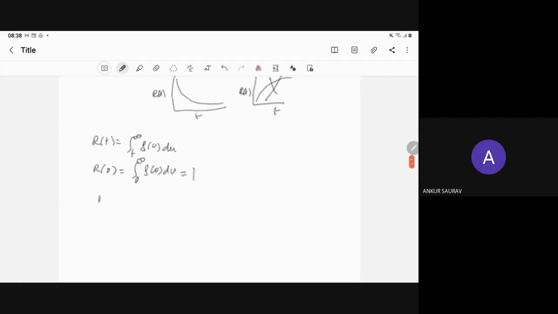Then if you have to compute R(infinity), it is the integral from infinity to infinity of f(u) du. When the upper limit and lower limit are the same, its integral will be 0. So R(infinity) will be 0.